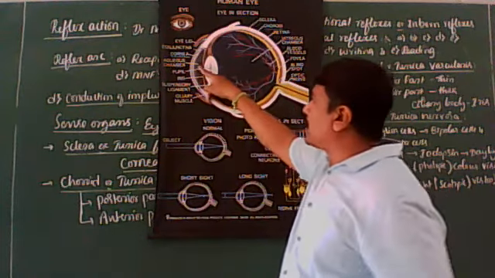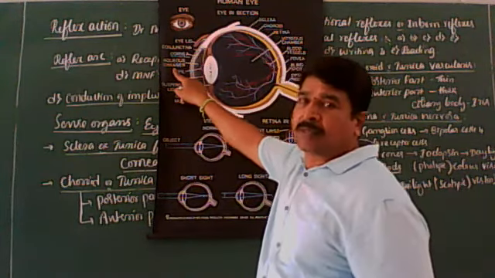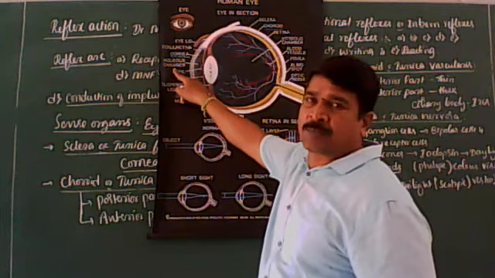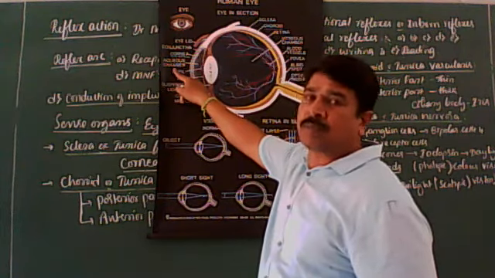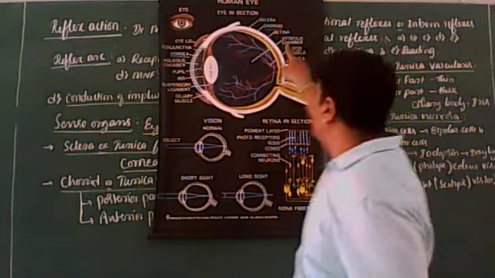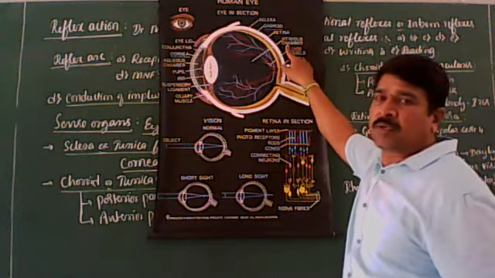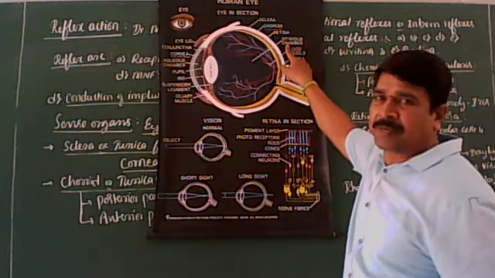One chamber located in front of the lens is called the aqueous chamber, and it is filled with a colorless fluid called aqueous humor. The chamber located behind the lens is called the vitreous chamber, and it is filled with vitreous humor. I think it is very clear for you.